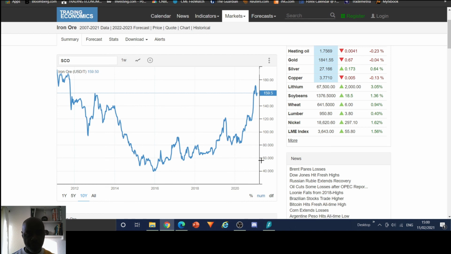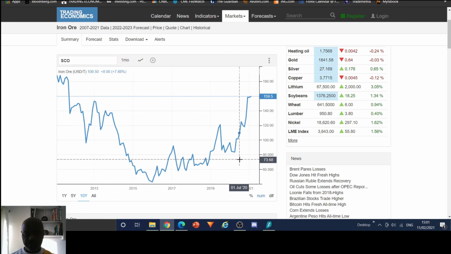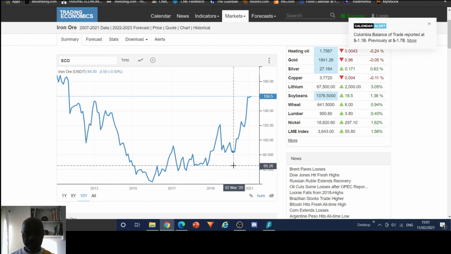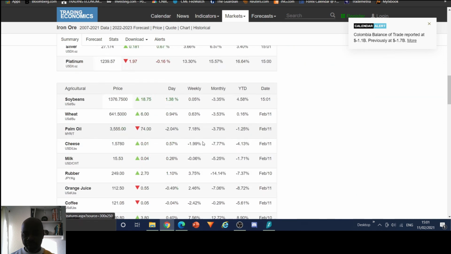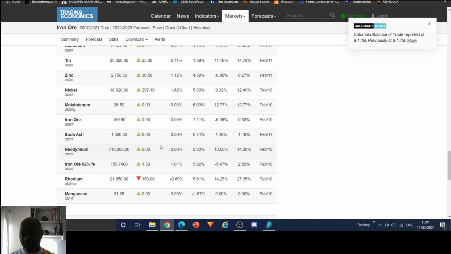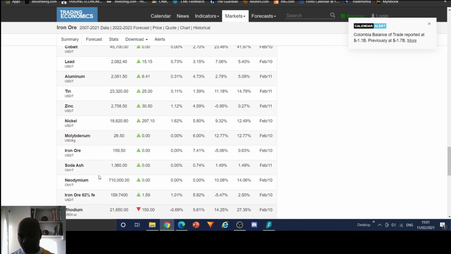This is what I'm looking for, the one month chart. Look at this, iron ore. From COVID, this is where it really took off. Let's find coal. Did you see what I'm getting at here, guys? I am bullish the Australian dollar.